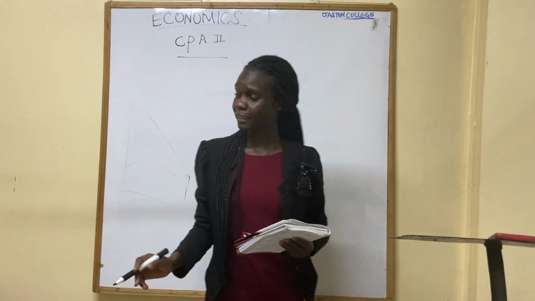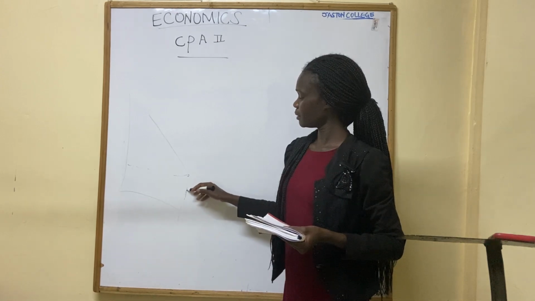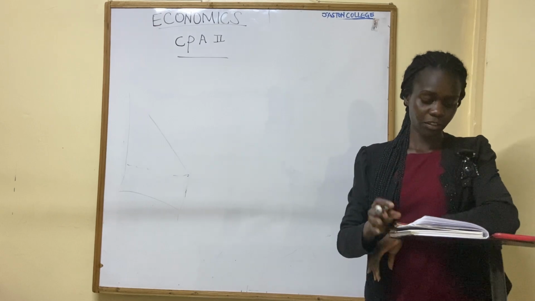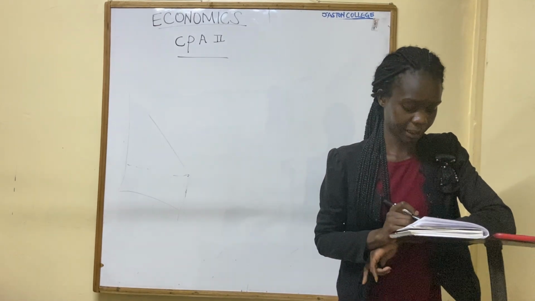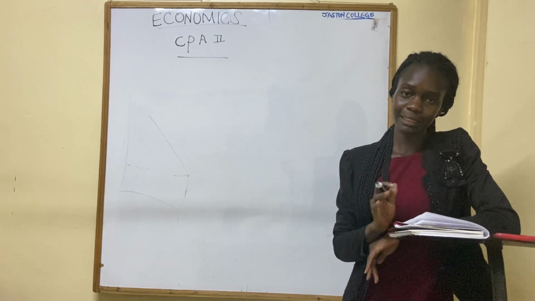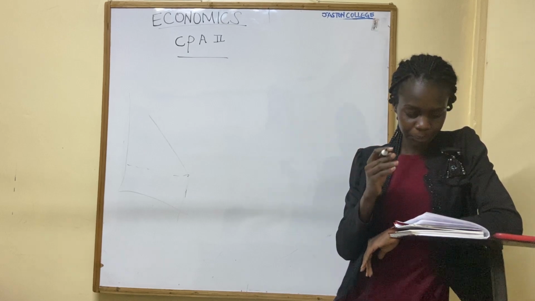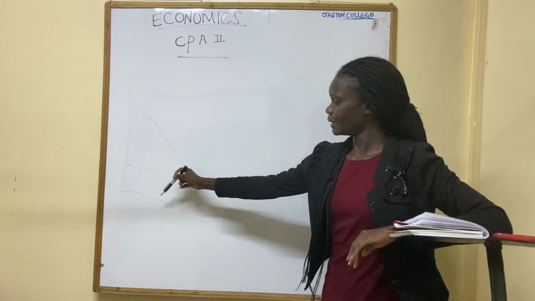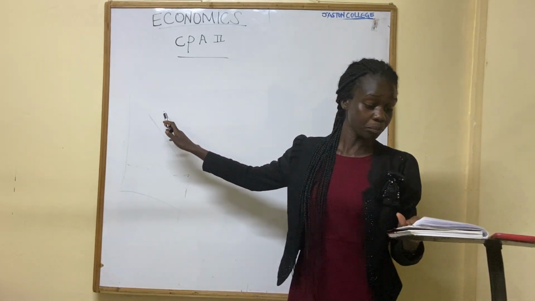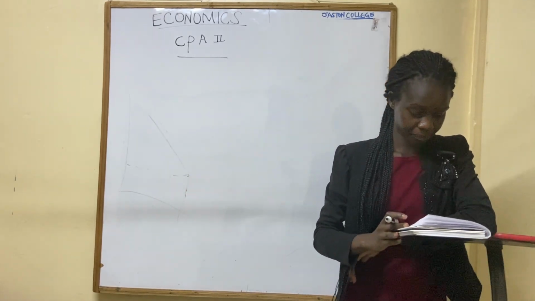You can say that the income rises, but the quantity demanded is still low. The fourth one is unit income elasticity, and this is whereby demand rises or falls by exactly the same proportion as income. So when income rises, demand also rises by the same proportion.